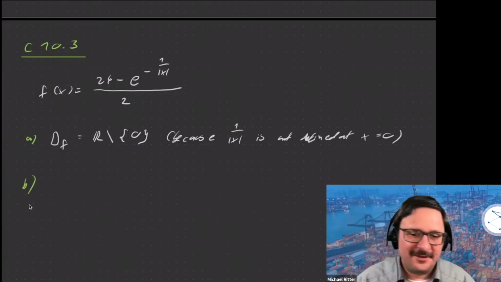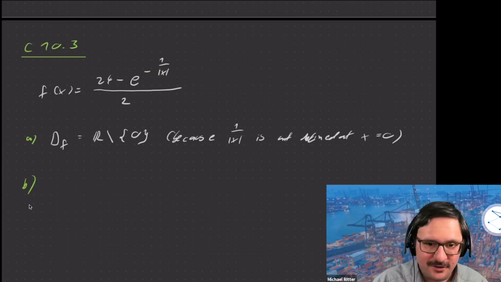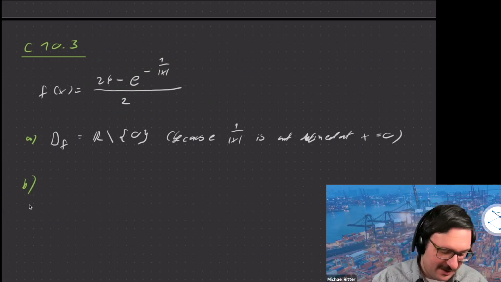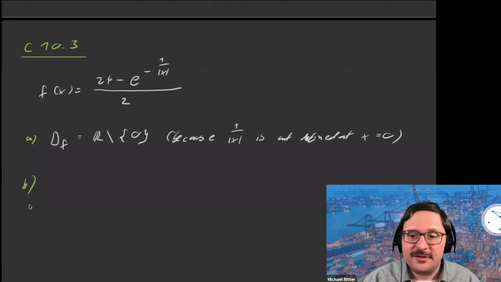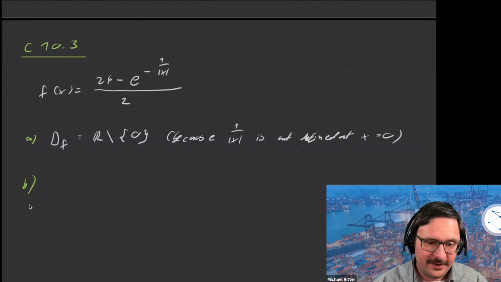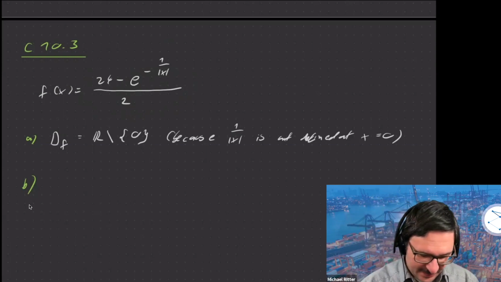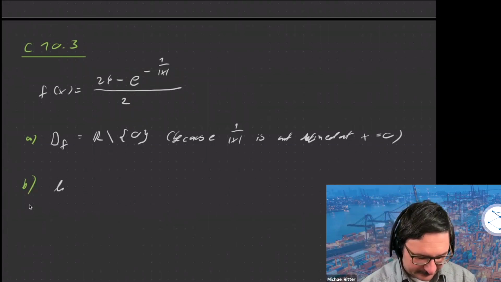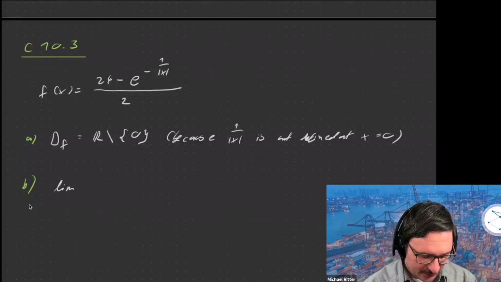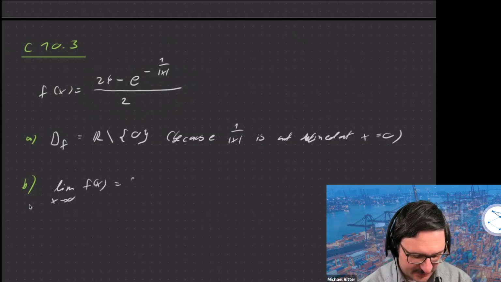Okay, so let's have a look at the continuous extension of f to R. So the question is, obviously, f is not defined at 0, but maybe there is a continuous extension for that point. So what we have to do is compute the limit. So we want to know what the limit of f of x is for x tending to 0.